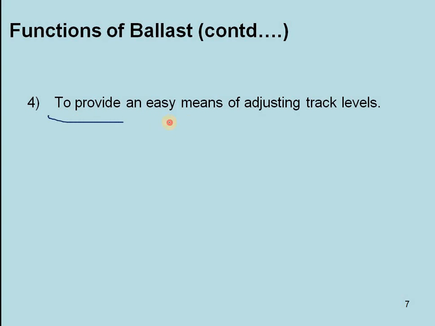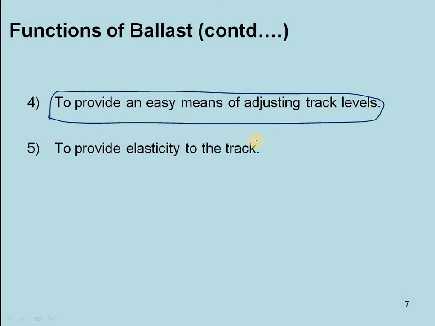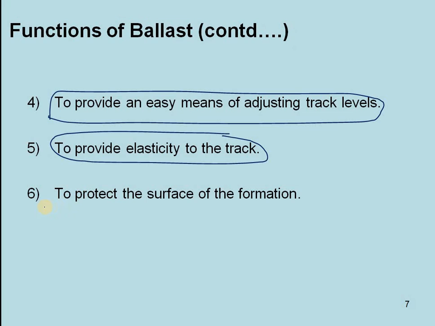And to provide an easy means of adjusting track levels. With this we can adjust the railway tracks in between them. To provide elasticity to the track, to protect the surface of the formation. These stones act as ballast material for protection of the ground surface.